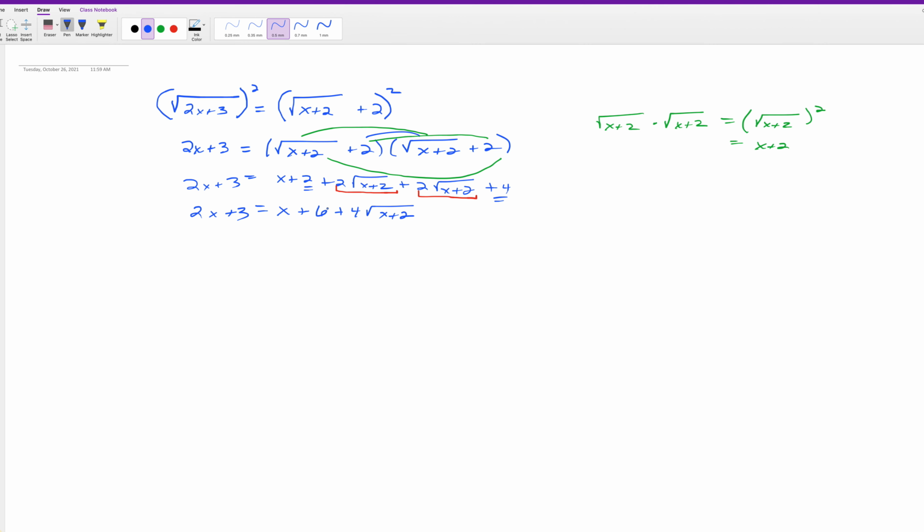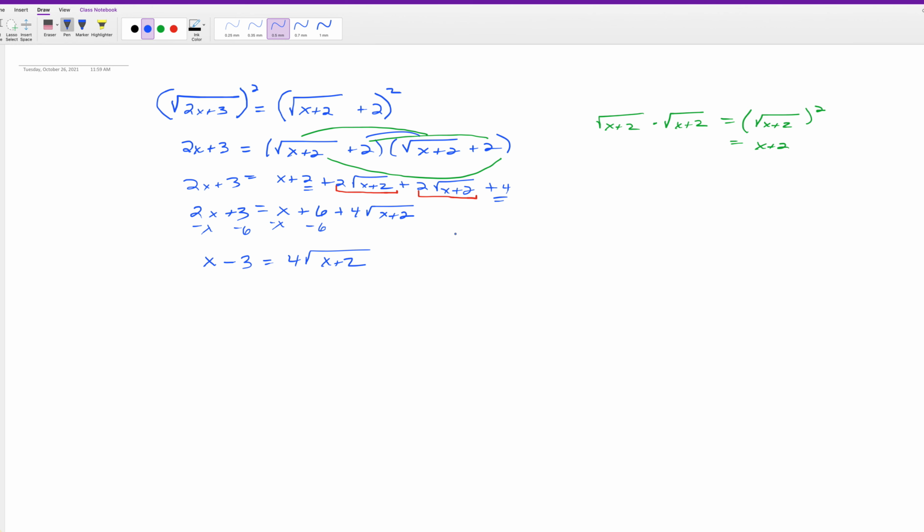Okay, so I still have an equation that involves a radical, so I want to get that radical by itself so I can square both sides again, which means I'm going to subtract the x from both sides. And I'm going to subtract the 6 from both sides. So when I do that, I'm left with x minus 3 equals 4 square roots of x plus 2.